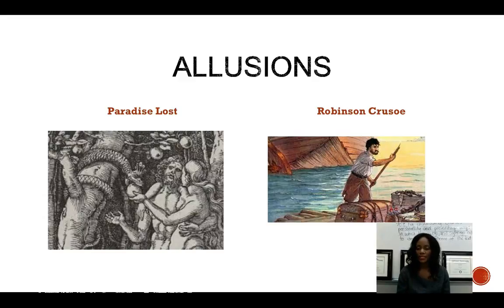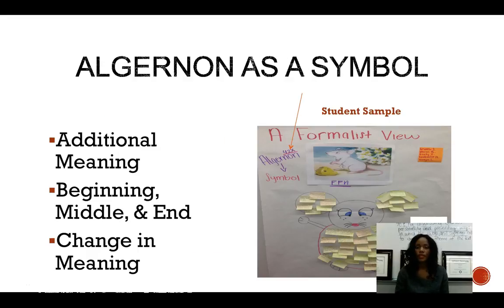So this is one example of an approach that a formalist would use, and we're accustomed to this because oftentimes in literature we're asked to look at the allusions. So I'm taking a piece of work that you guys actually did in class, but this is Algernon as a symbol.